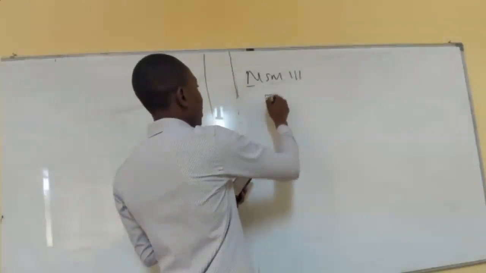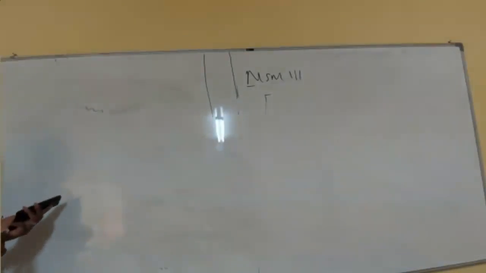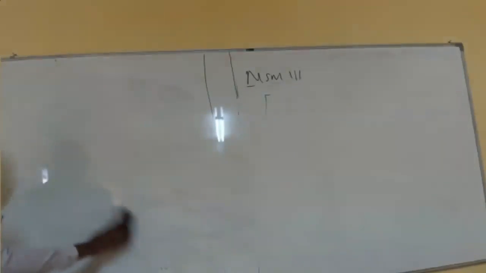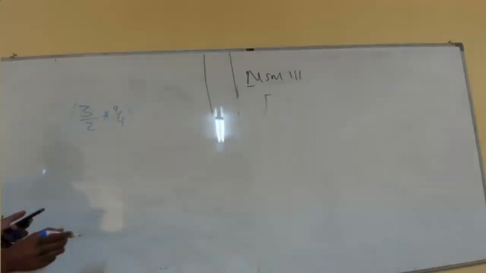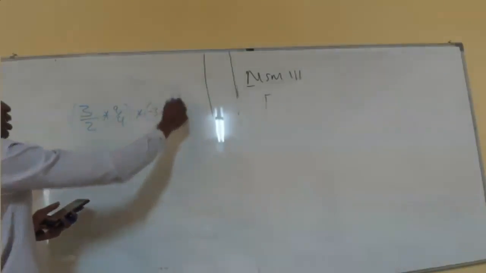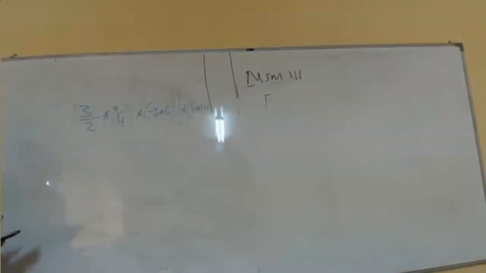So we've been told to evaluate 3 over 2 star negative 3 star 6, then star 5 star 10. Okay, so basically that's what you have.